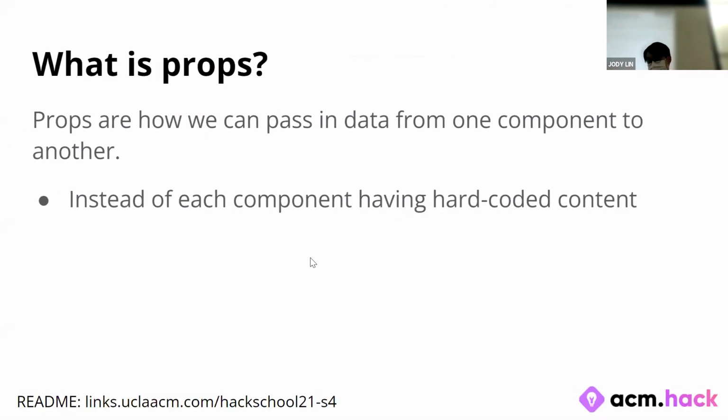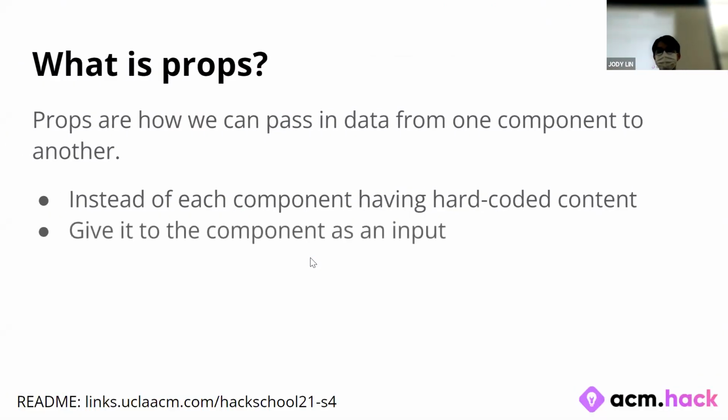So instead of having this, we give data to the component as an input. And the component can then use this input to generate a different looking thing. So for example, if we give it different inputs, then it can generate a different looking episode, or it can do different things based on the inputs that you give it.